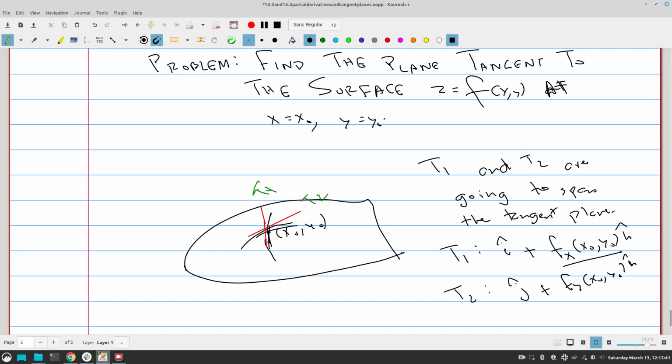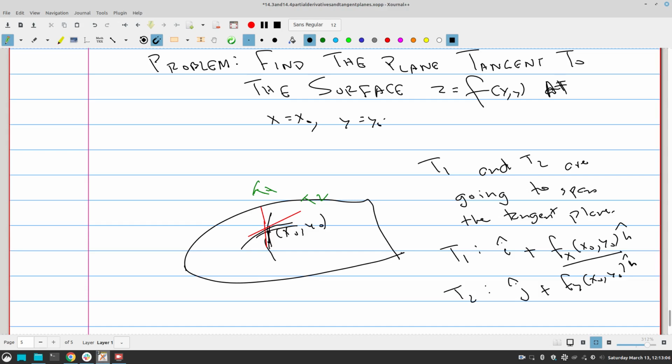Now why is it defined this way? Because T2 is moving along the y direction, so x does not change, so delta x is 0. If you move one unit in the y direction, then you move fy(x naught, y naught) in the z direction.